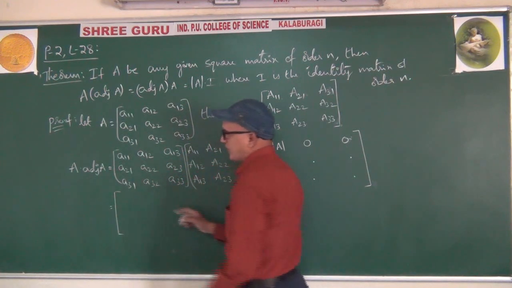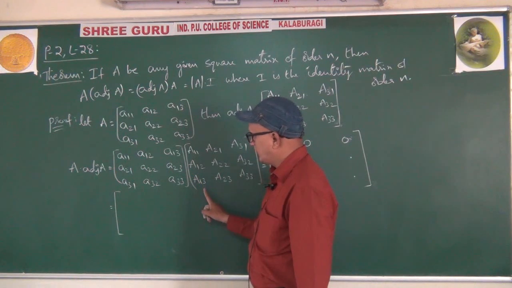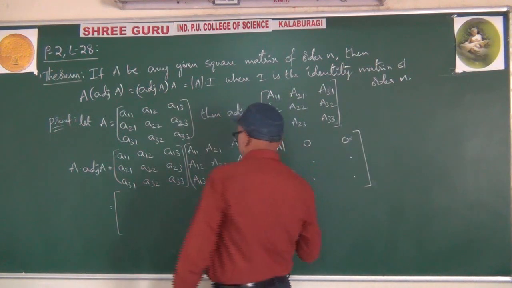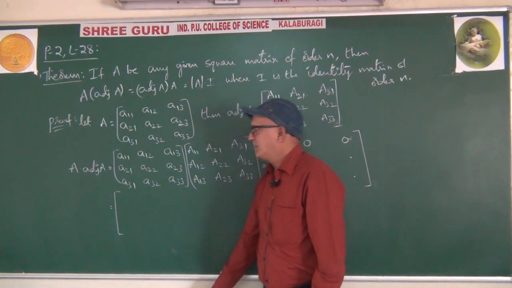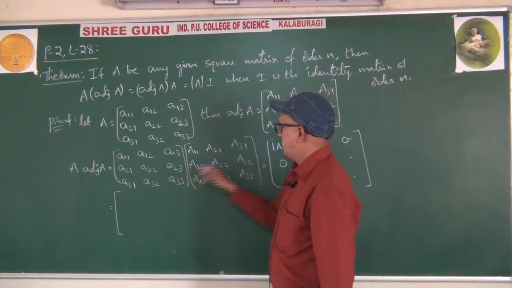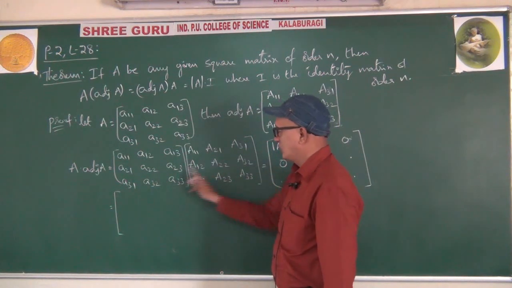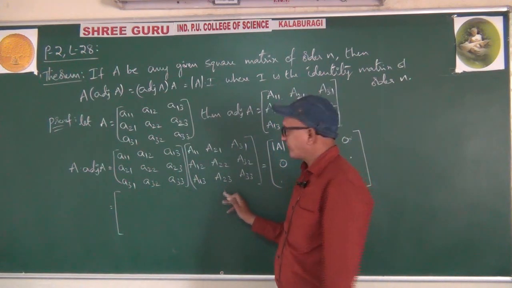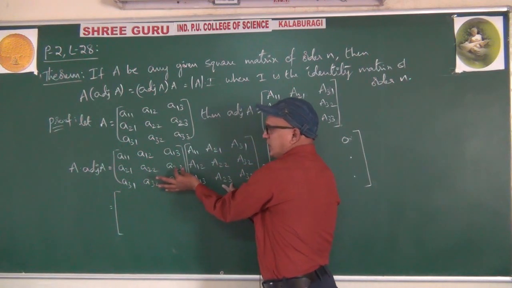Second row, first column: 2, 1, 1, 1, 2, 2, 1, 2, 2, 3, 1, 3, which gives 0. Second row, second column: 2, 1, 2, 1, 2, 2, 2, 2, 2, 3, 2, 3, same numbers.